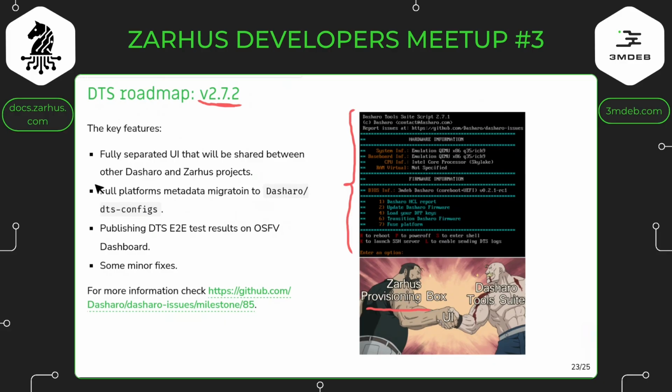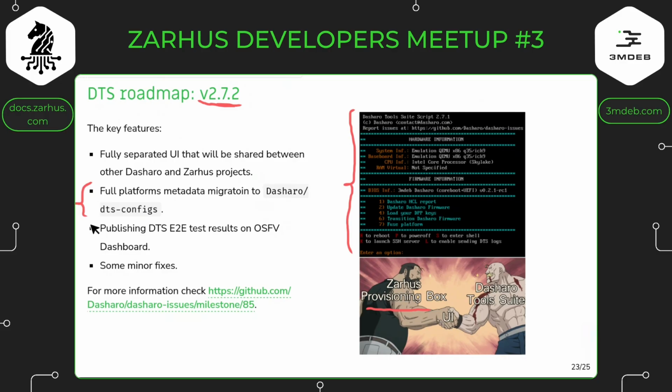Then the second key feature will be the full transition to the metadata that is stored separately, and that will actually increase the frequency of the DTS releases and Dasharo firmware releases.